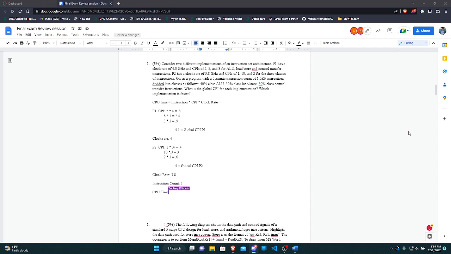The CPU time for P1 equals our instruction count, 1 times 10 to the 6, times our CPI, 4.1, times cycle time, which is the inverse of clock rate. So it's instruction count times CPI divided by clock rate.